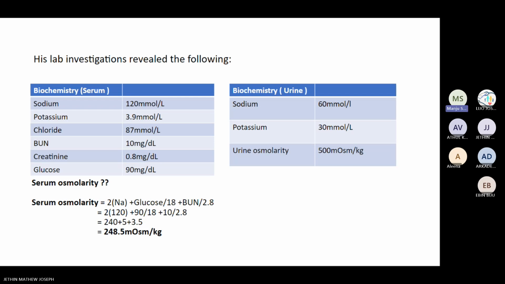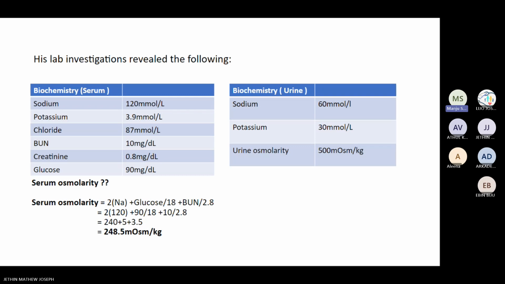Urine sodium has been given. It's quite high. It's more than 20. Urine osmolarity is also quite high. It's 500. So this question has not included the serum osmolarity, but you can derive it from the data given. So this was covered by Jatin in the first class. How can you calculate the serum osmolarity using the sodium, glucose, and the BUN levels?